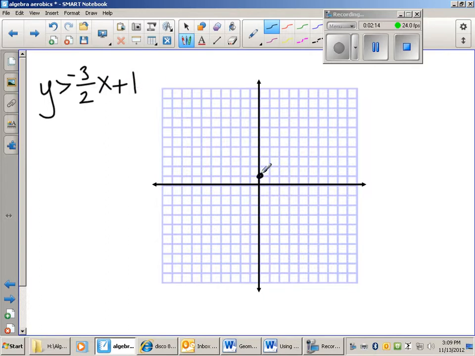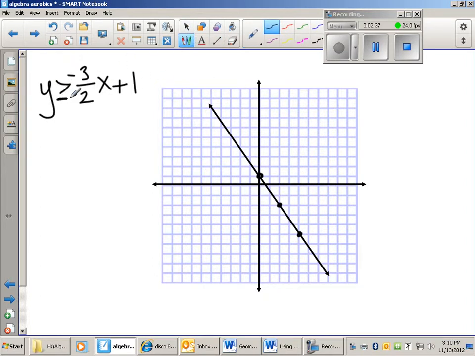I would go down 3 and over 2. And I'd put my line in. Nice and pretty. So now I need to figure out, except I don't have an equal sign under here.